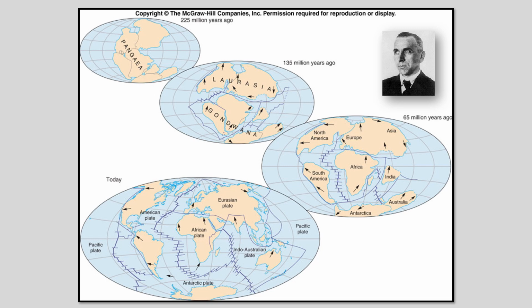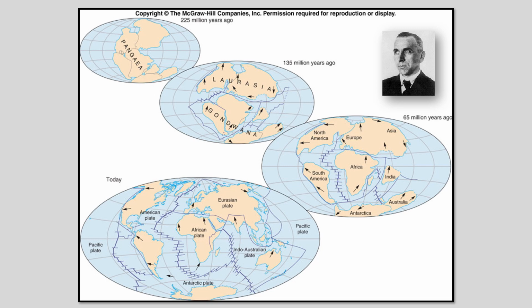All right, but looking at the recent breakup of Pangea, here you have a sequence about every 65 million years. Here, Pangea is broken up into two continents, Laurasia and Gondwanaland. And then here, 65 million years ago, this is around the time of the extinction of the dinosaurs.